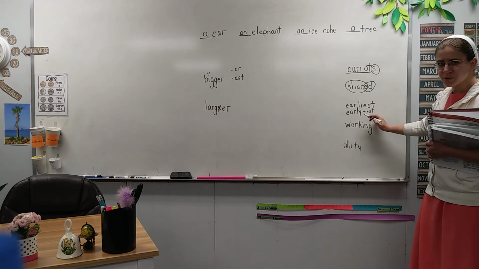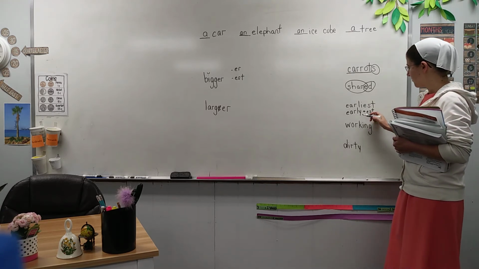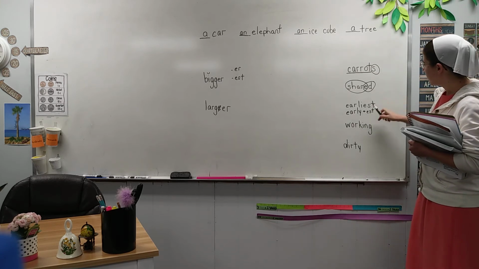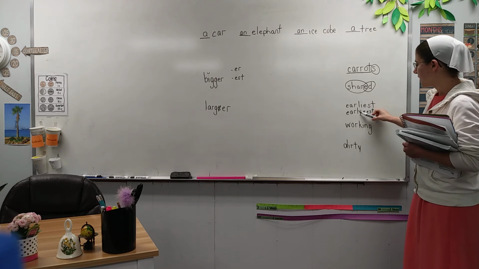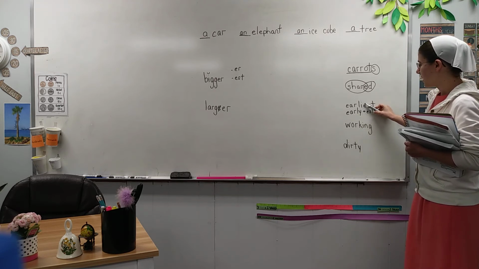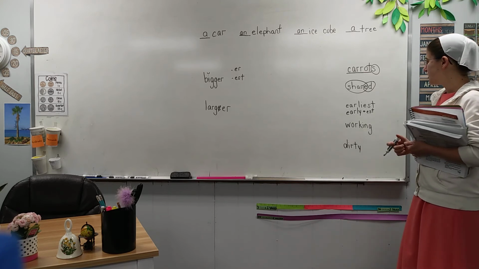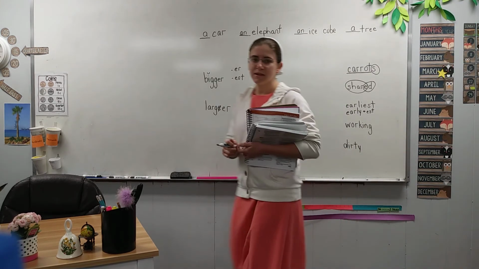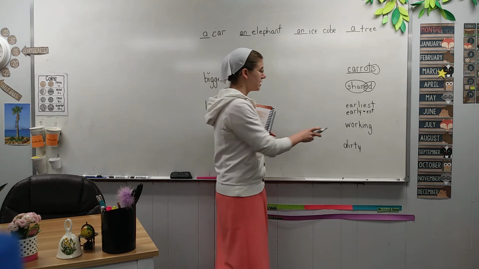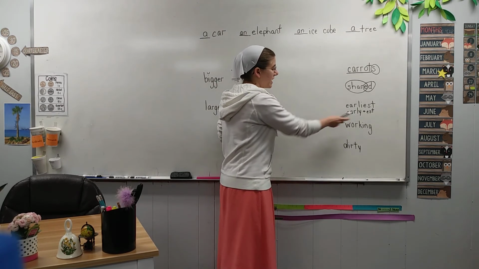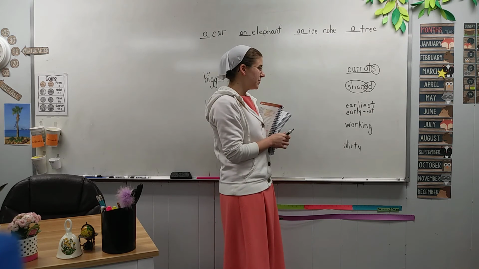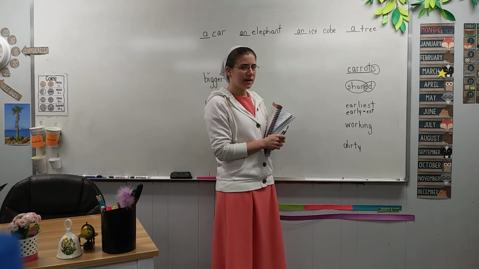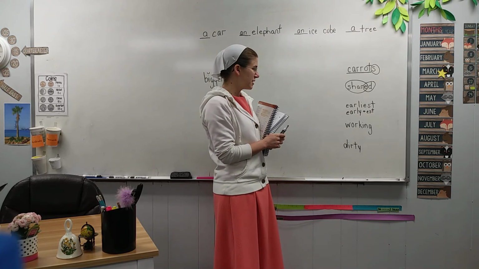So where did we get the I from? And I think people are probably thinking of it, we changed the Y in early to I in order to add EST. So if we're adding a suffix to a word that ends with Y like that, and the suffix begins with a vowel, then we change the Y to I and add the suffix.